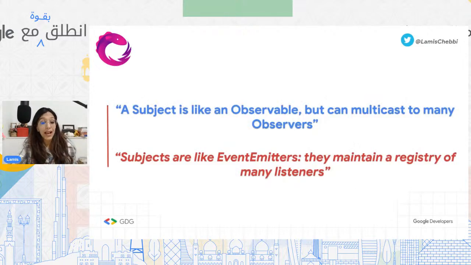We said that subjects are observable and observer at the same time, and this is the definition available on the RxJS official website. The subject is like an observable, a special type of observable, but it can multicast to many observers. The second sentence is simpler to understand: subjects are like event emitters.